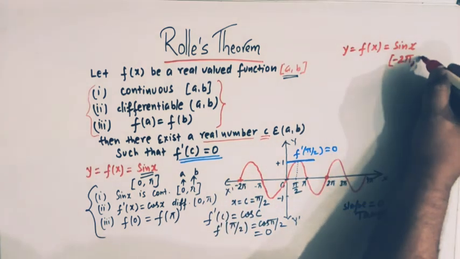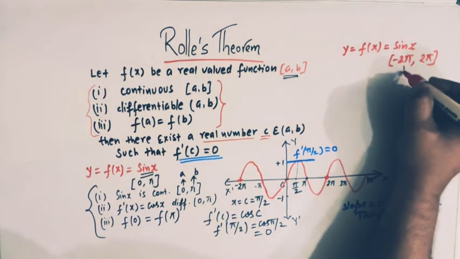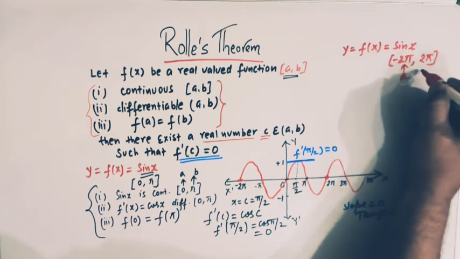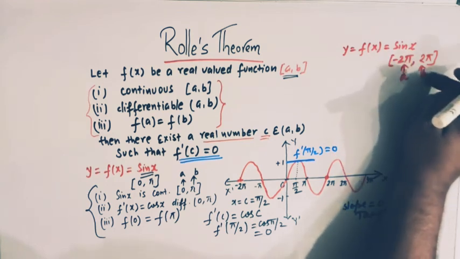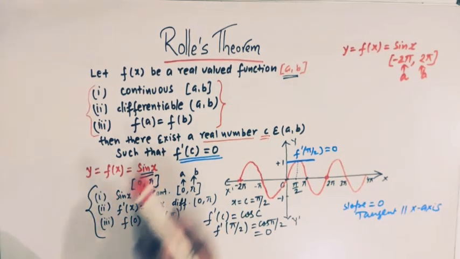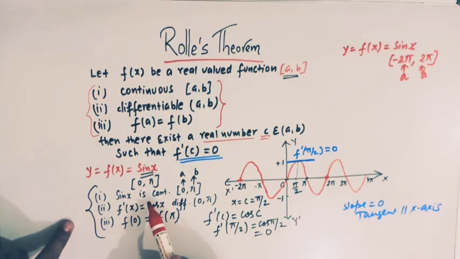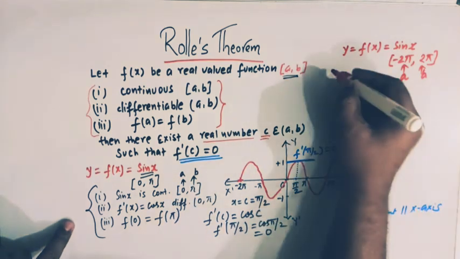From minus 2 pi to 2 pi. So here we have the value of a as minus 2 pi. This is b, right?